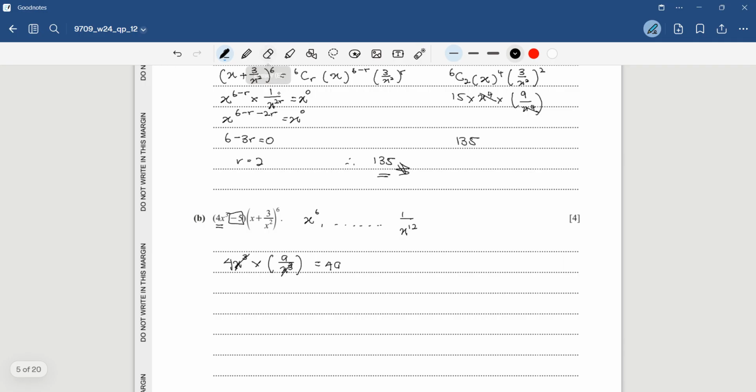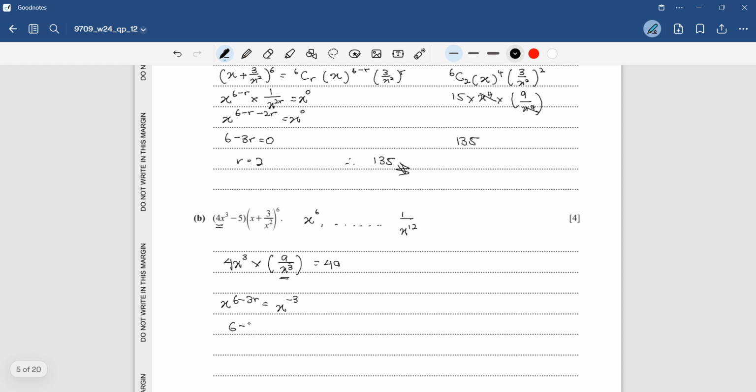Okay, so in order to find the a, we use a similar idea with this, but here instead of 0, it's going to be negative 3, because I need x power of negative 3 here. So it's going to be x to the 6 minus 3r equal to x power of negative 3.